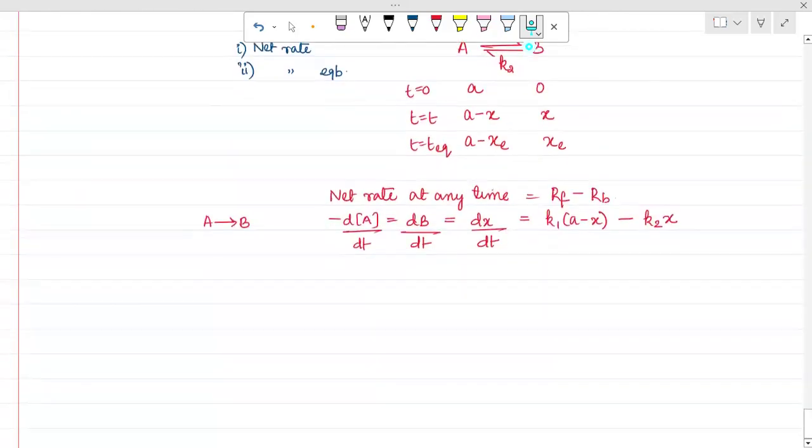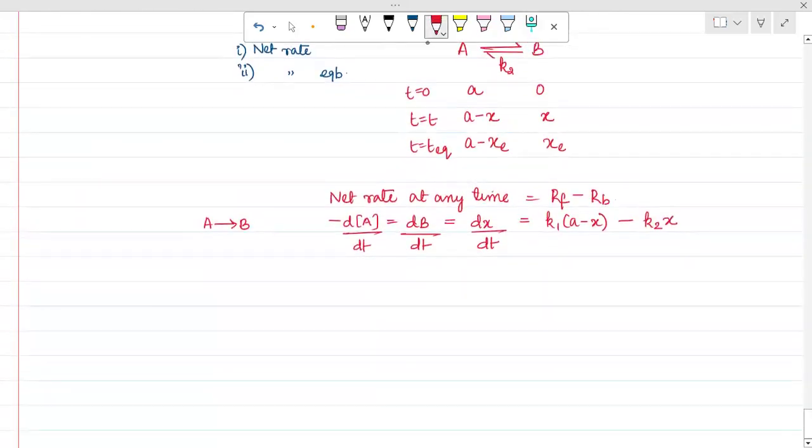So what will we do? We will write the net rate at equilibrium. That is also Rf minus Rb, but that is going to be equal to 0.